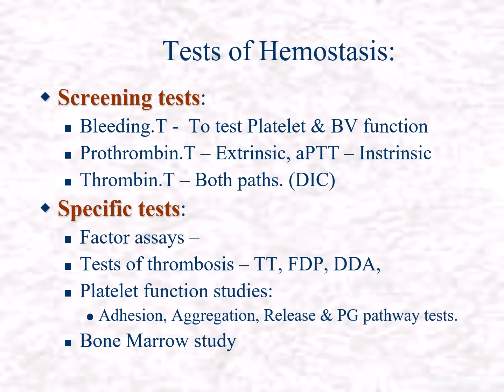So we can also perform platelet function studies like tests for adhesion, tests for aggregation, release, and pathway test. And finally, we have the bone marrow studies. So those are the different tests that we can perform to determine the function of the blood for hemostasis.